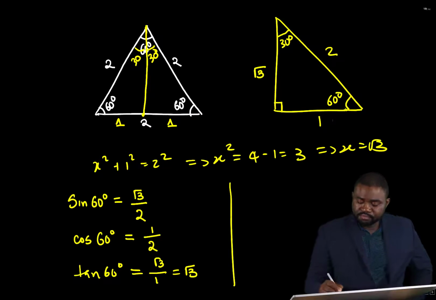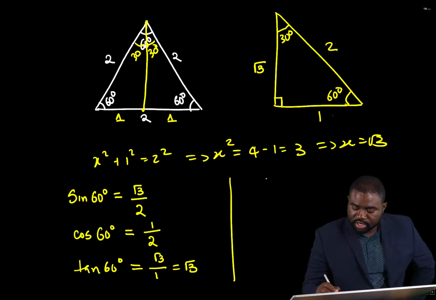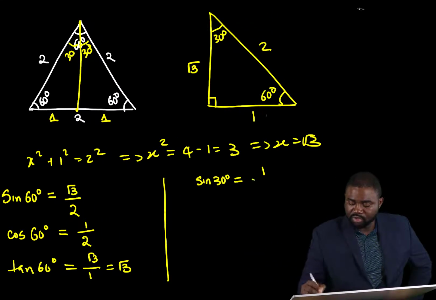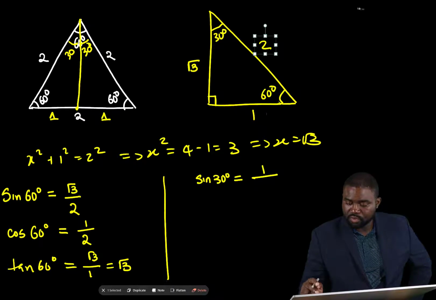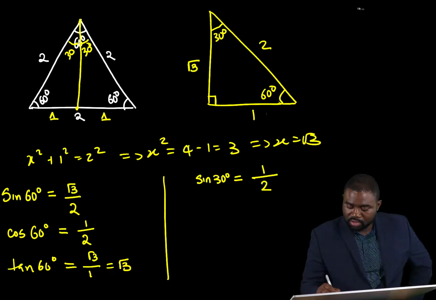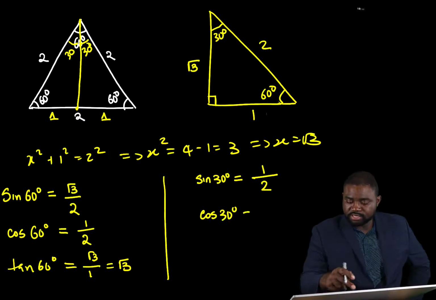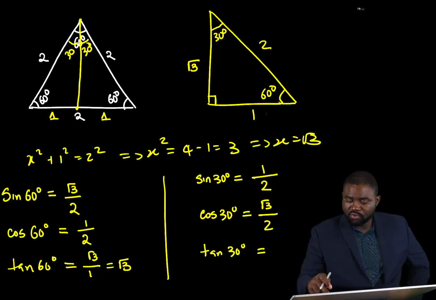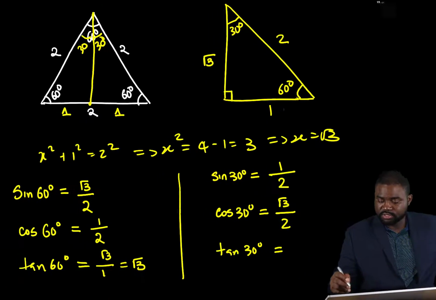On the other hand, the sine of 30 degrees is equal to the opposite, which is 1, divided by the hypotenuse, which is 2. The cosine of 30 degrees is equal to the adjacent, which is root 3, divided by the hypotenuse, which is 2, and the tangent of 30 degrees is equal to the opposite over the adjacent.